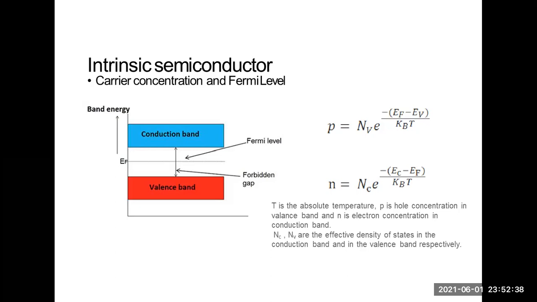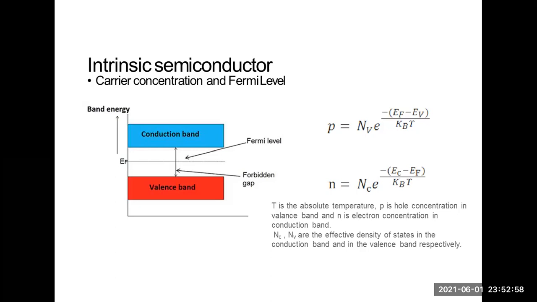When we define the semiconductor with respect to the bands we studied in the last class, that is, the origin of energy bands in solids, we know how the conduction band and valence band are formed, and what EF is. EF is the Fermi level, below which all the electrons are completely filled.